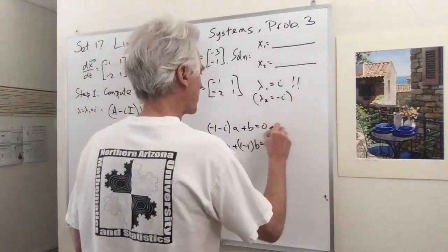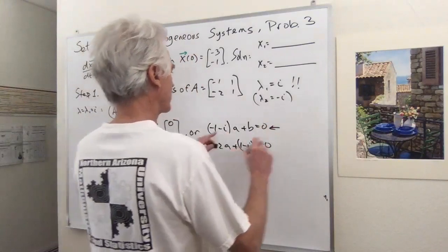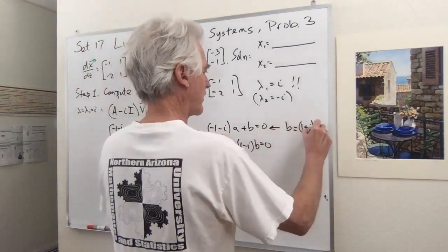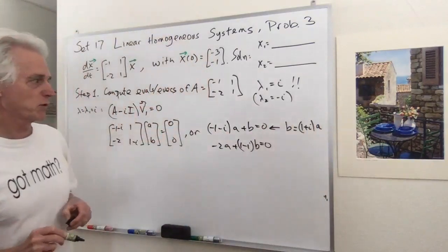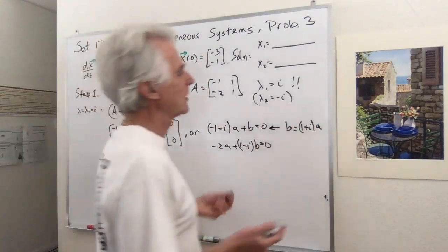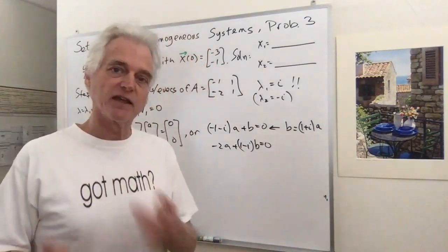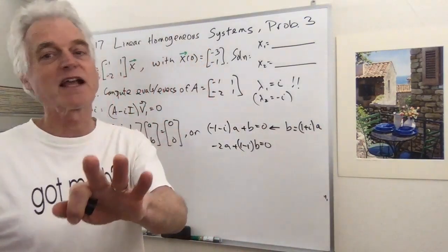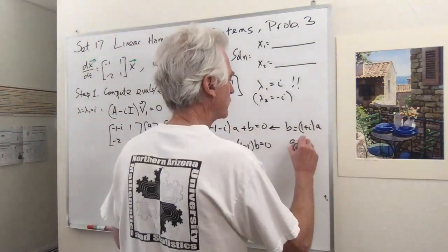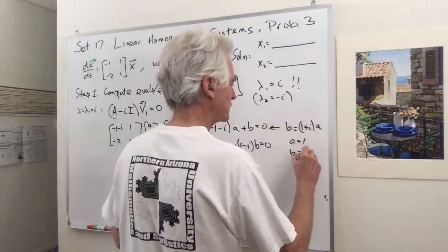I like that one, it doesn't have any 2's in it. This says that b is (1 plus i) times a, bringing this term over to the other side with the negative sign. So I can choose a to be almost anything. I can't choose a equal 0, but a equals 1 works, so then b is 1 plus i.